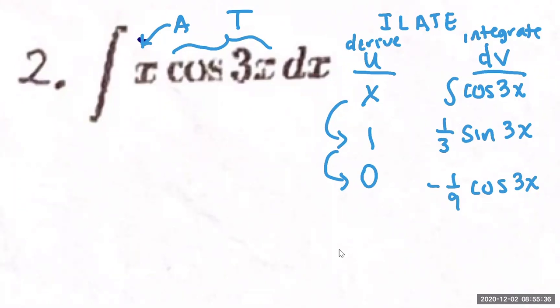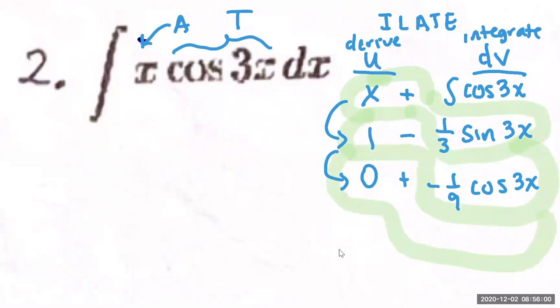I think I'm going to stop there. The signs are plus, minus, plus. The order in which you go for the product is the x, then plus, and then the dv part. The next iteration would be the 1, the negative, and then the negative 1/9. If I were to go one more round, 0 times anything is just 0, so we don't need that portion.